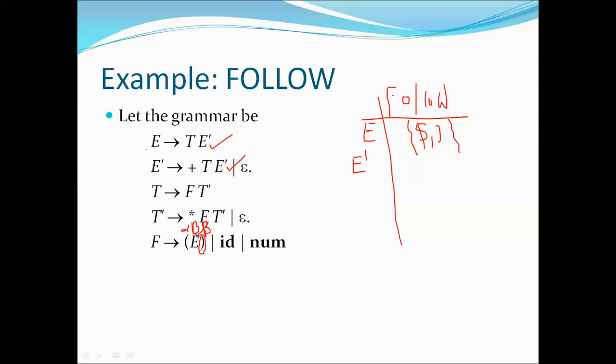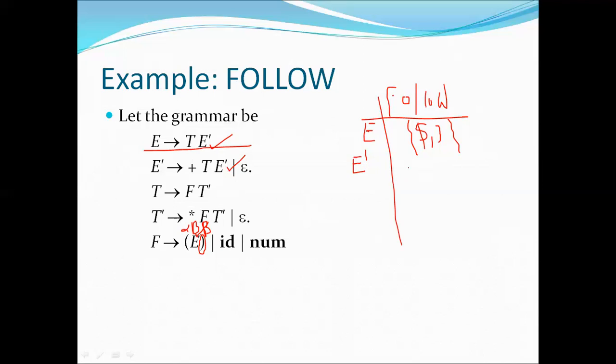Is E dash followed by anything here? No, it is following nothing. So E dash following nothing means, according to the third rule, include the follow of E. So what is the follow of E?